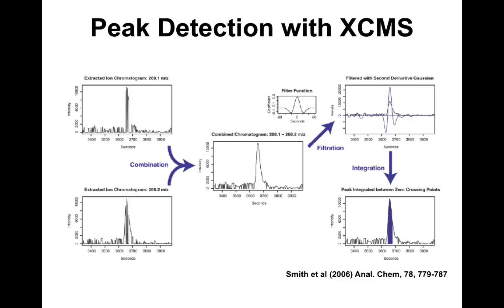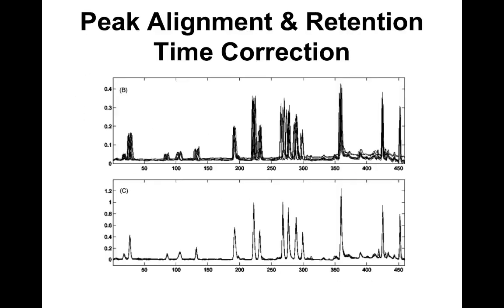Peak identification in LCMS is difficult. It's much harder in LCMS than it is in GCMS and in NMR. There are a variety of tools that have been developed. XCMS doesn't have the best peak picker. There are others that seem to do better. But this is an example of how the peak picking is done. Peak alignment and retention time correction.